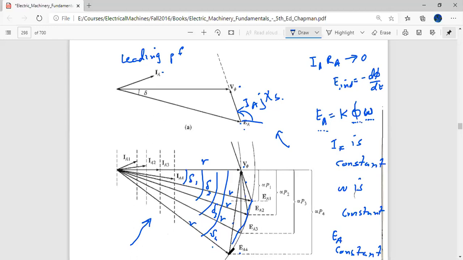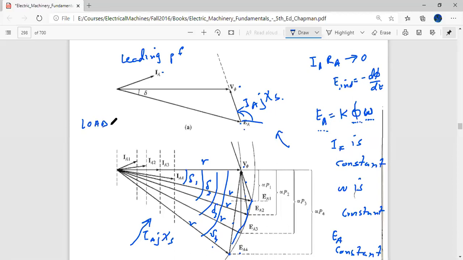In the case where the load is maximum and EA has swung down to this value, with the highest torque angle delta 4, the IA jX axis vector starts swinging in the opposite direction. Initially, it was swinging backwards. Now it has started swinging, which is the case of a lagging power factor. So as the load is increased, the synchronous motor has changed from the leading to the lagging power factor.